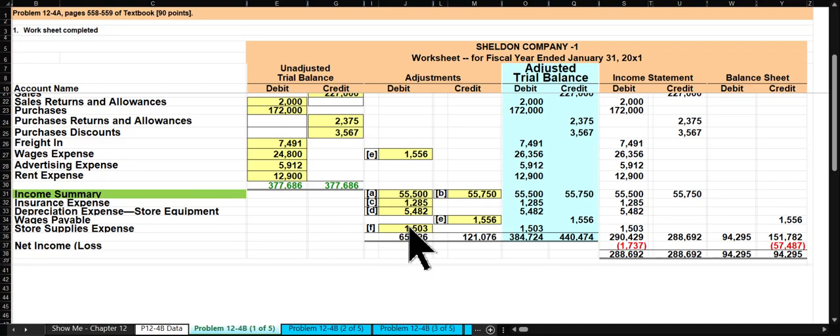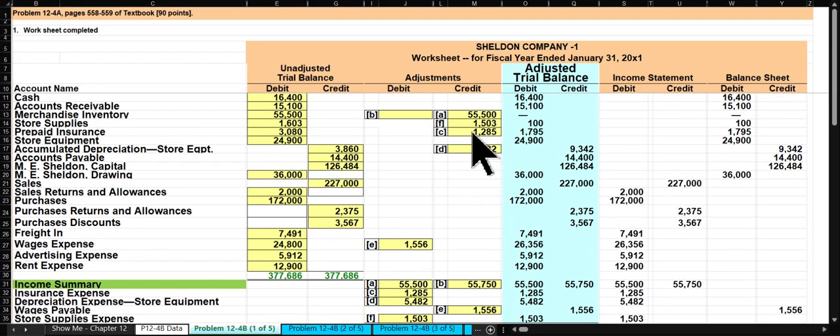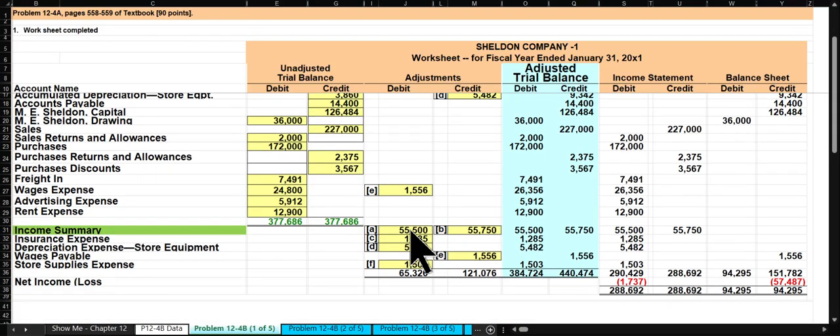So we literally create a temporary account that we use to close out the other temporary accounts, and when we are finished, we close out that special temporary account as well. So to close out the beginning inventory, we credited inventory and we debited the income summary.